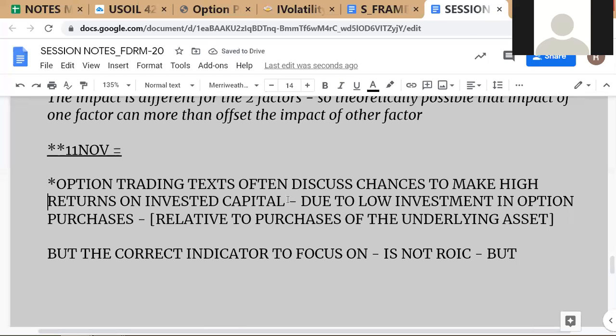By now, you already have been taught the difference between invested capital and risk capital. Okay, but returns on risk capital, for many reasons actually, but returns on risk capital, which we can call RORC.